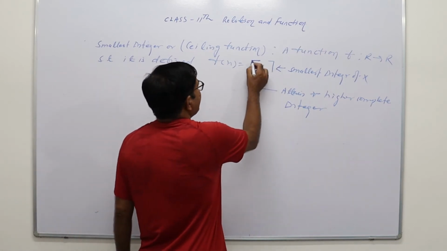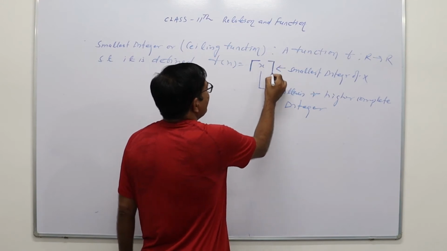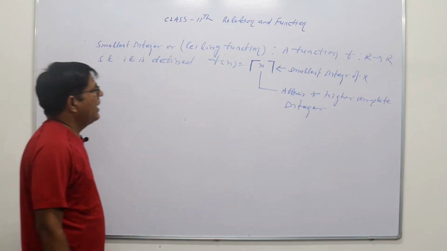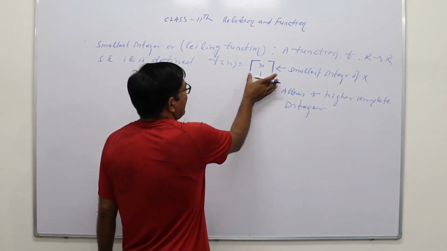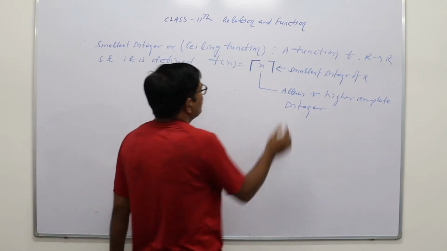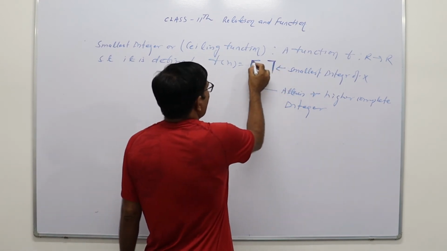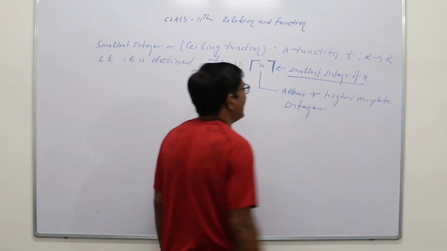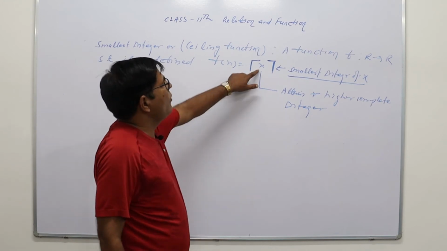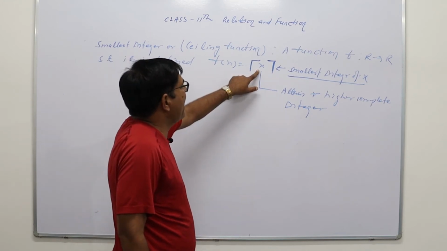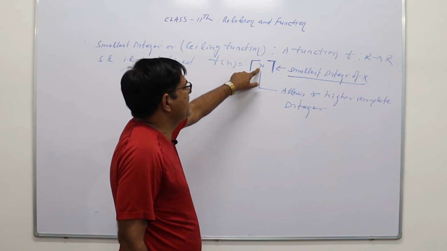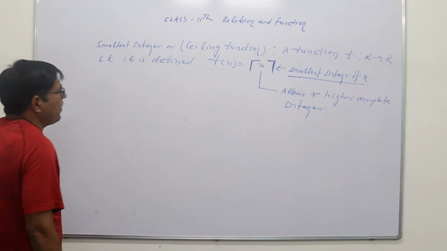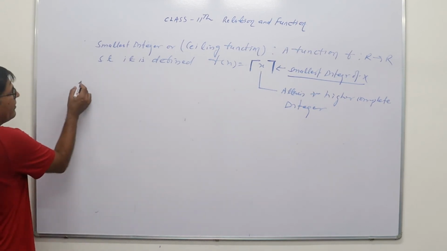This is the representation of the smallest integer, with the lower sides of this square bracket deducted. It is read out as the smallest integer of x, and whatever the value of x from the set of real numbers R, x will always attain the higher complete integer. So to plot the graph of this function, we will take some points.